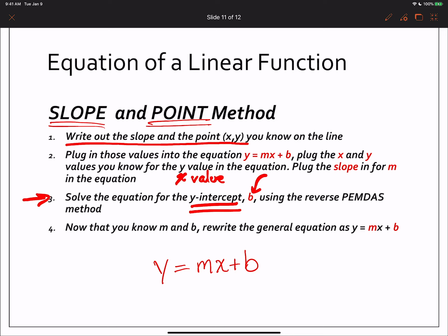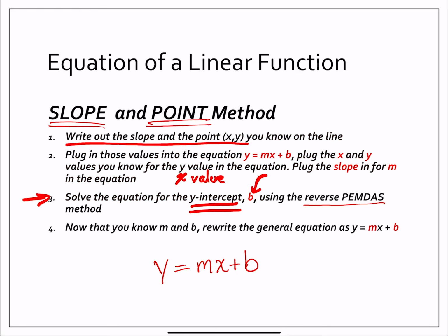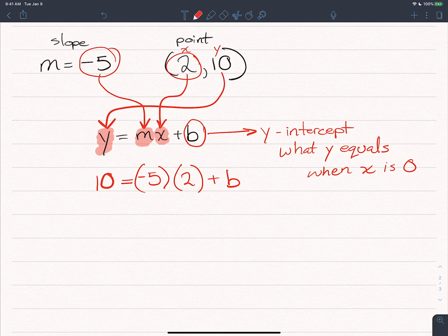In order to solve for b, we use what's called the reverse PEMDAS method, which is basically doing PEMDAS in reverse, to isolate that b. First, let's simplify by multiplying all the stuff that can be multiplied. 10 equals -5 times 2, which is -10, plus b.